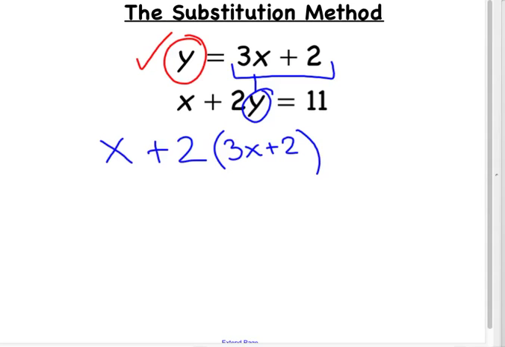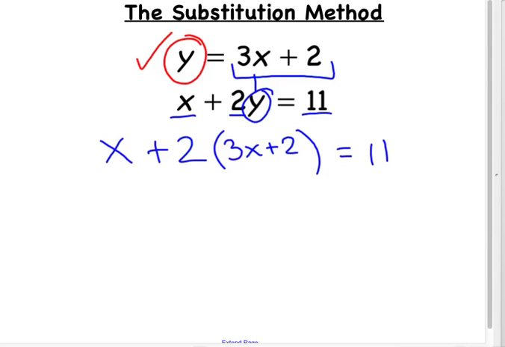Two things that are equal to each other are interchangeable. So notice again, I have x plus 2y, but instead of y, I wrote 3x plus 2 equals 11. So I wrote the second equation and substituted the first equation into it.